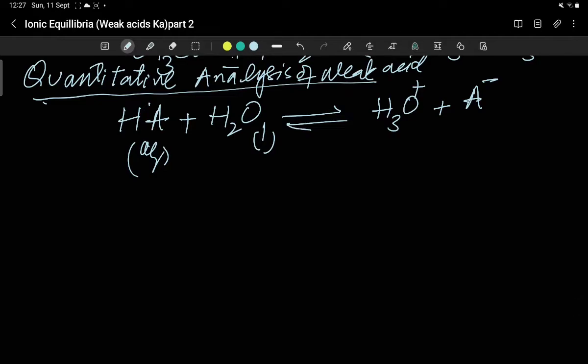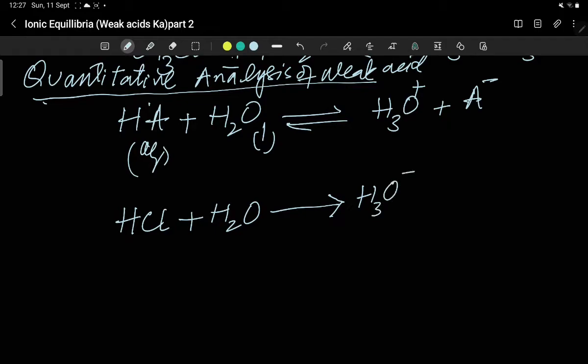For example, in water, the reaction of HCl, hydrochloric acid, with water goes to completion. HCl is a strong acid, plus water to form hydronium ion. So this is completely ionized in aqueous solution, plus Cl negative, because hydrochloric acid is a strong acid. And this would all mean that the conjugate base of HCl, which is chloride, has very little tendency to accept a proton.